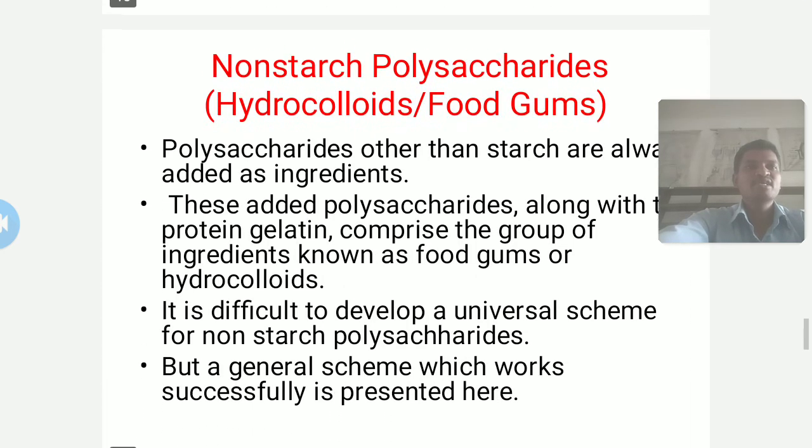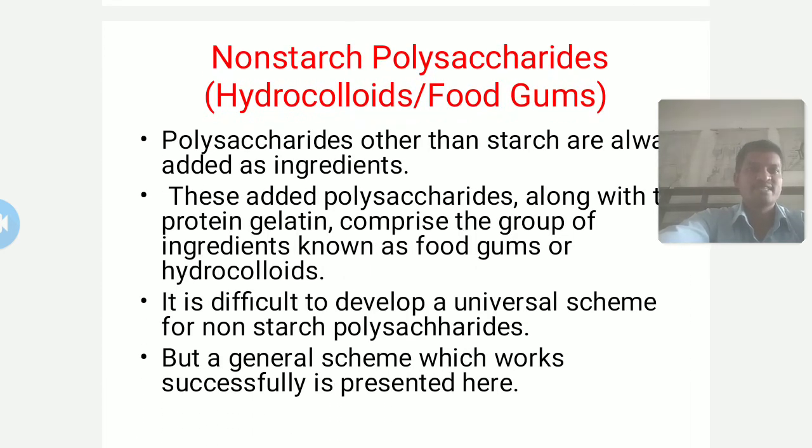Then the next point is non-starch polysaccharides. So this is the estimation of polysaccharides which are non-starch material. Okay, they are also called food gums or hydrocolloids. So what are these food gums or hydrocolloids?